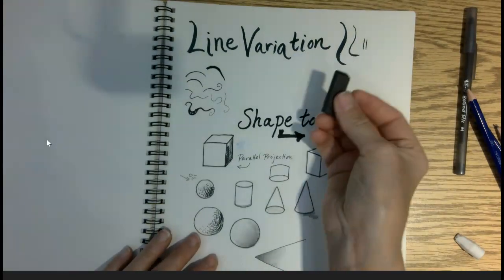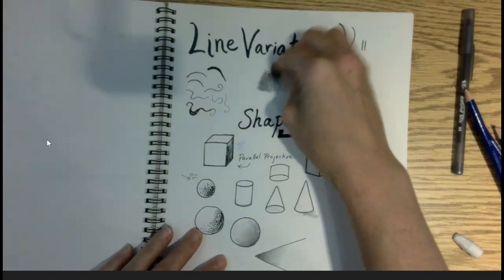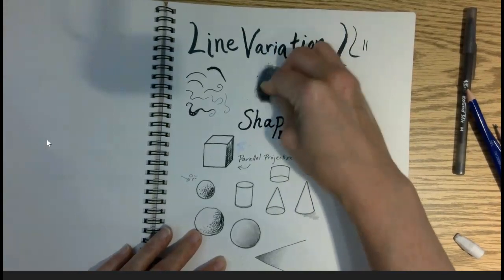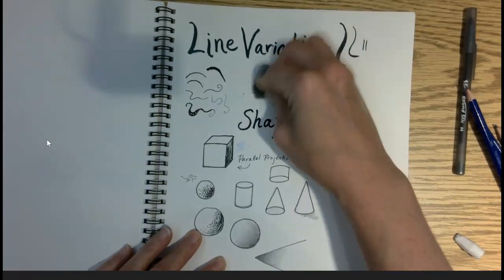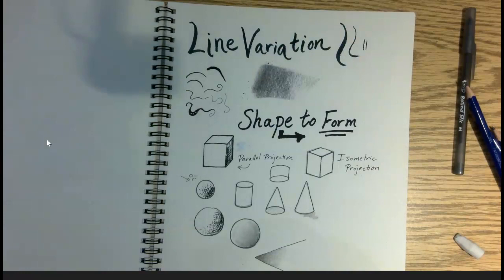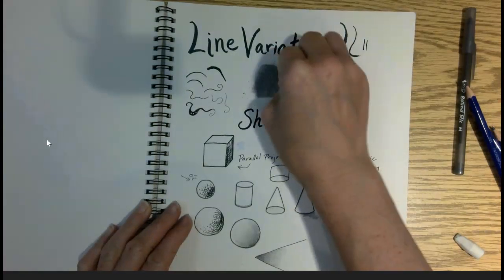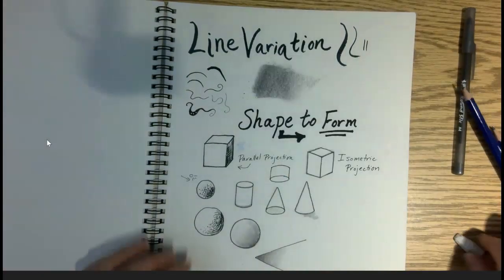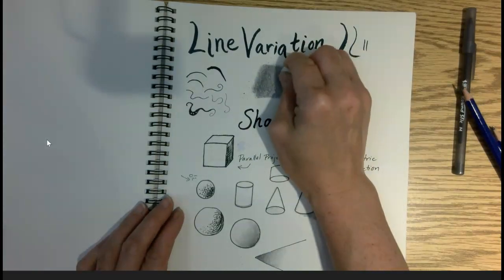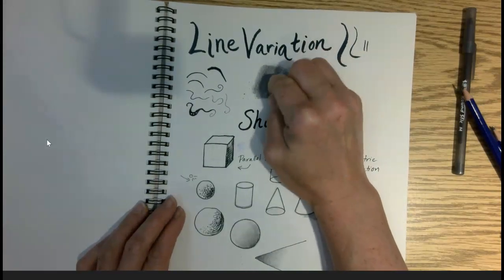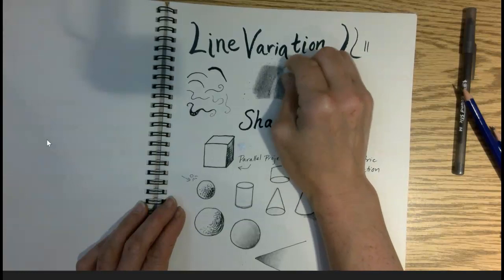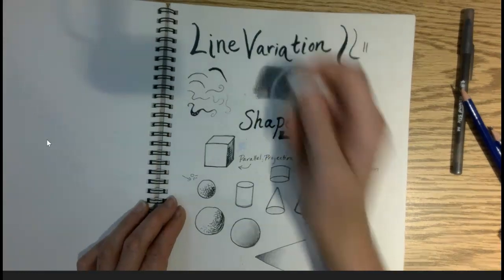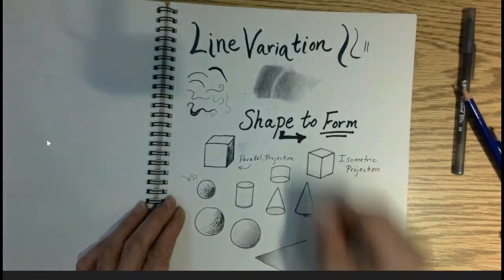So I'm going to use my graphite stick in this case to shade a larger area. And I can blend that a little bit as well. And then I can actually create line by erasing. So just another thing to think about, another way to create line.